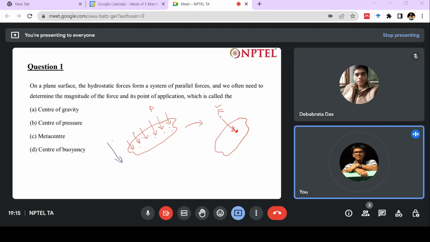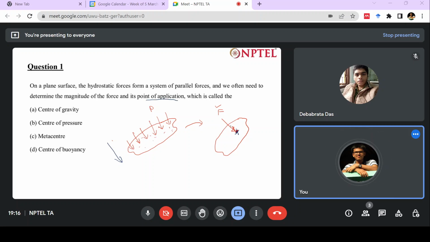Since it's an extended surface, we are also interested in the rotational effects, and there is only one particular point where, if this force acts, the whole surface will have the same effect rotationally as well. If I take the moment from this point, then the moment across the surface will be zero, right? That is actually the meaning of the point of application of this force.